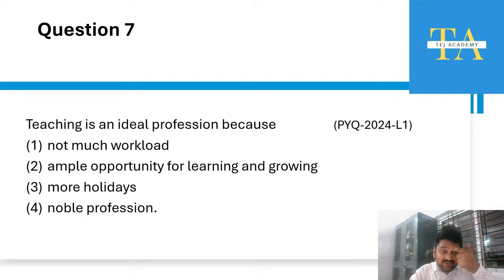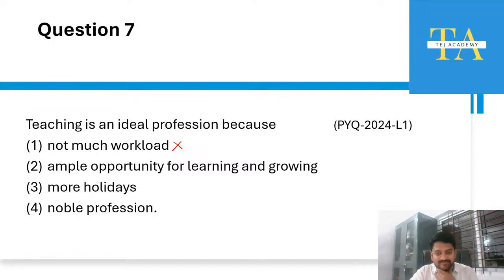Next, question number 7. Teaching is an ideal profession because it is not because of much workload. Teachers do a lot of work, an ample opportunity for learning and growing, more holidays, a noble profession.